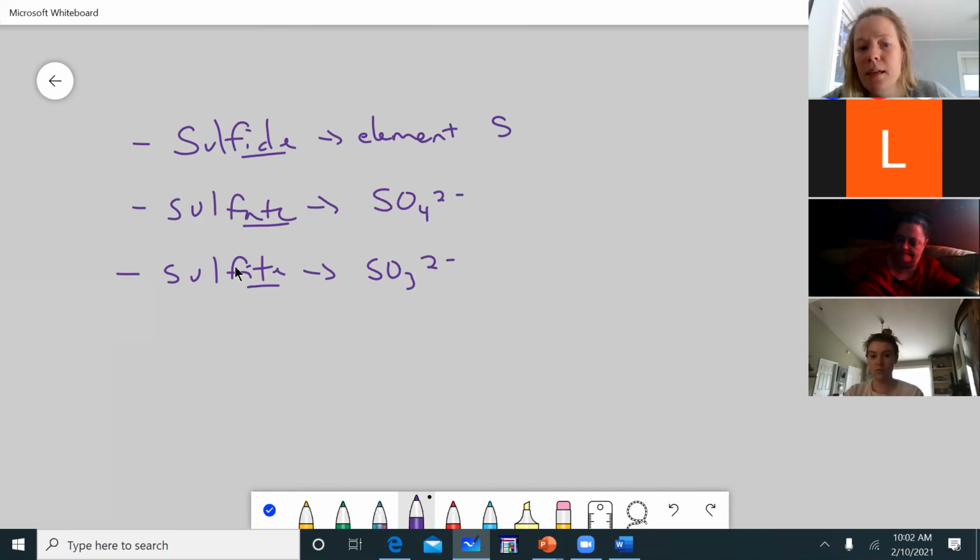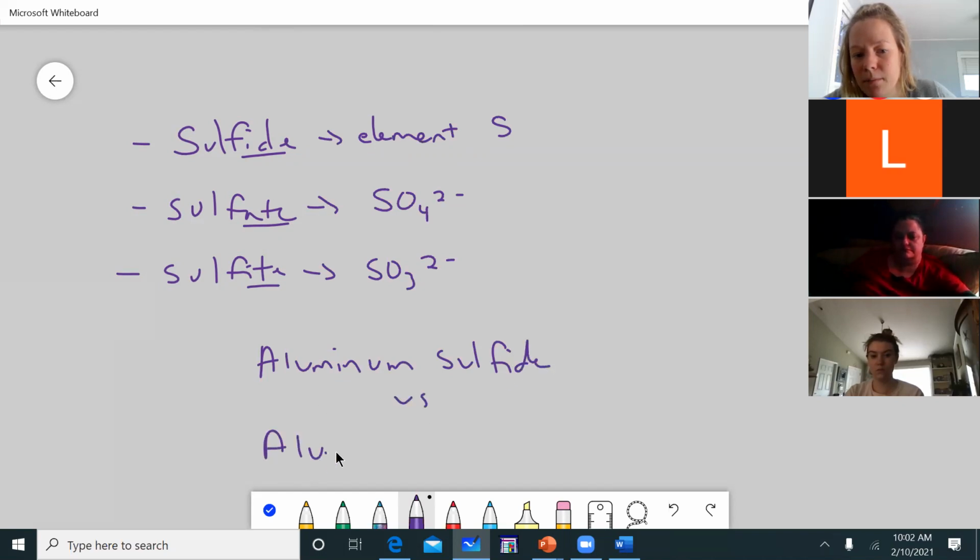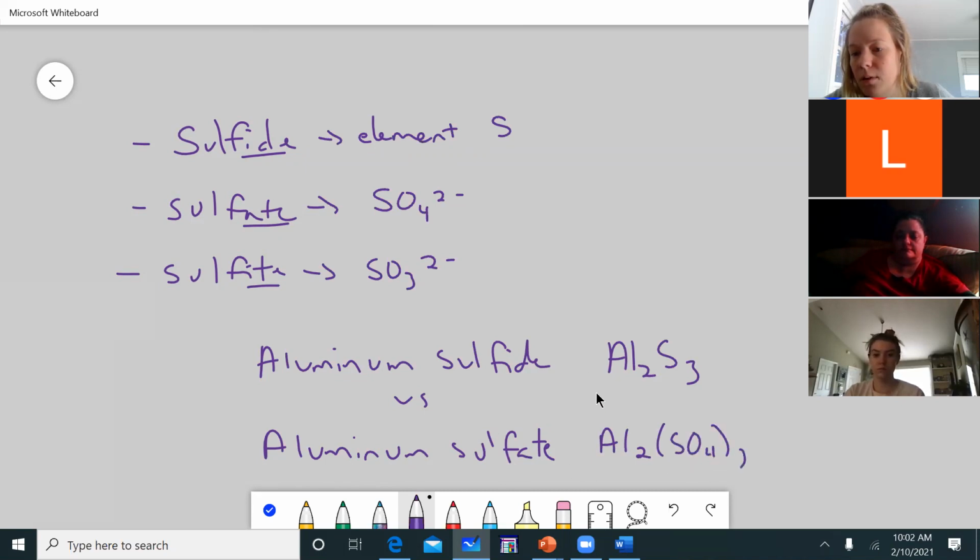So just be careful about what's happening with the endings when you're looking at your names, because if I say aluminum sulfide versus aluminum sulfate, those are not the same thing. Aluminum sulfide is Al2S3. Aluminum sulfate is Al2(SO4)3. Okay, so different things.